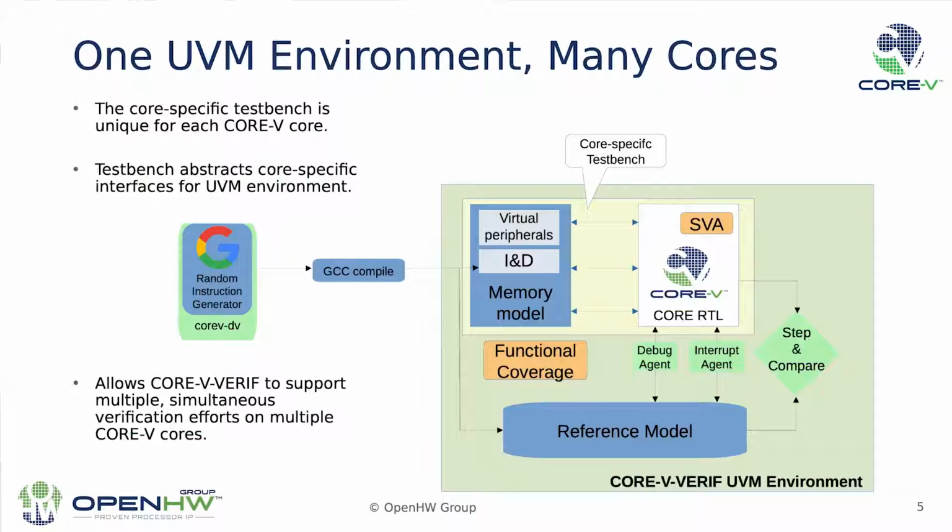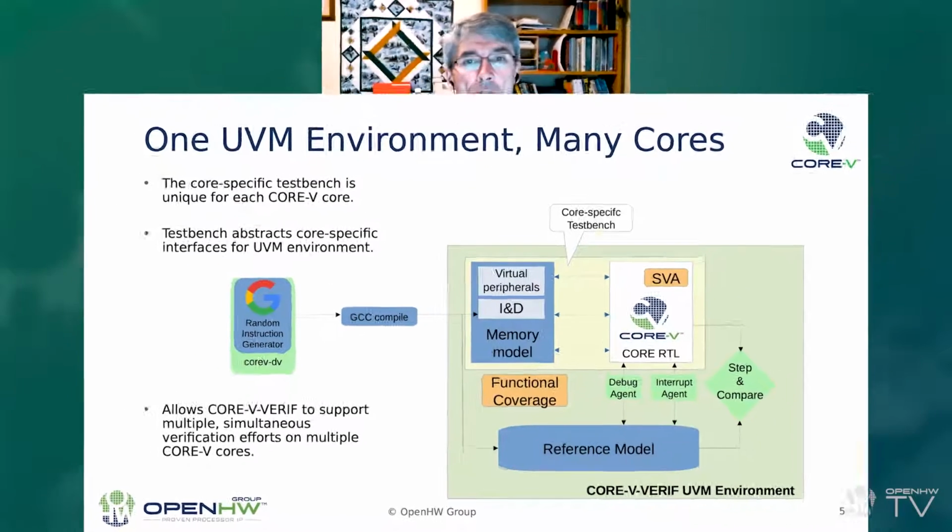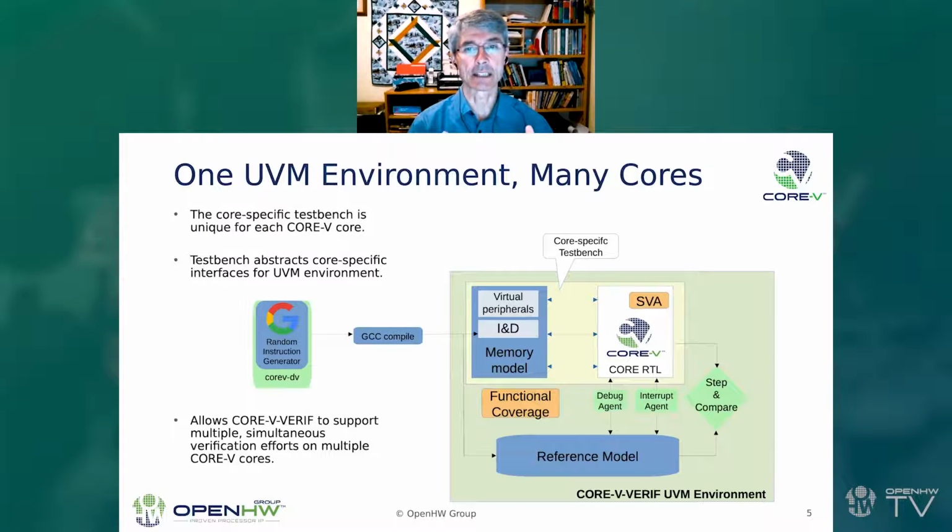Just a little bit about the structural how-to of this. I get a lot of questions about this: how we have one verification environment that can verify multiple different kinds of cores, and how do we do that? Well, the real trick is that for each core, we have a core-specific test bench. We literally call it that, the core test bench.